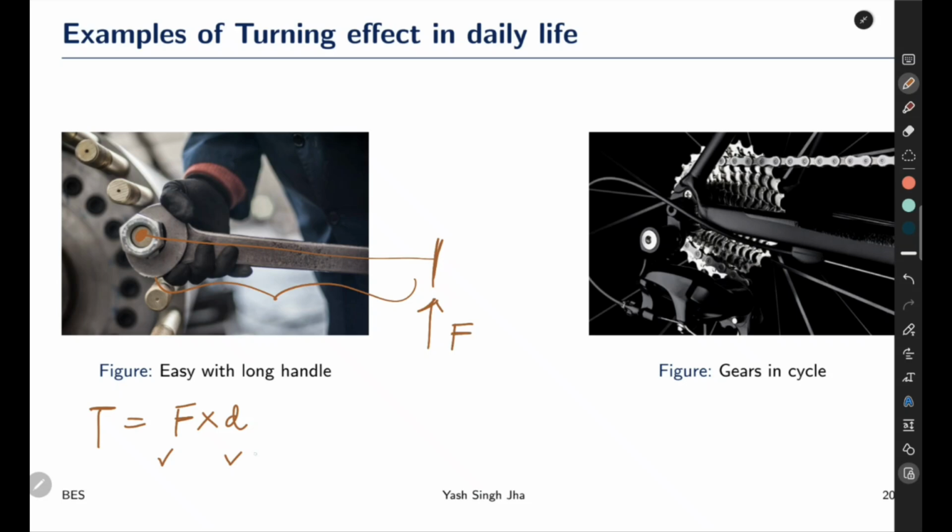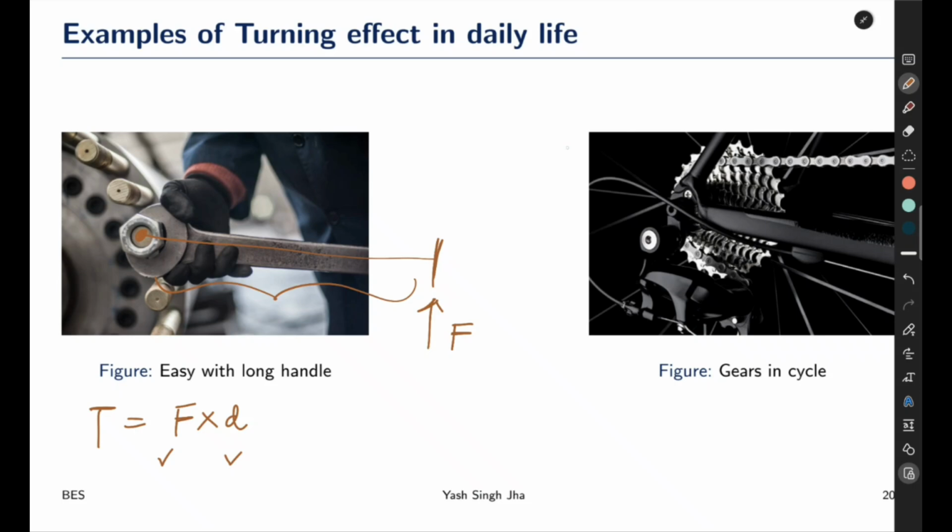That's why spanners have a long handle, to maximize the magnitude of torque produced.